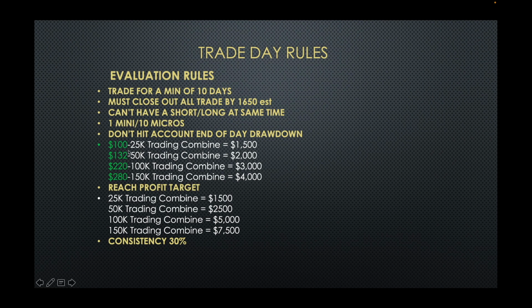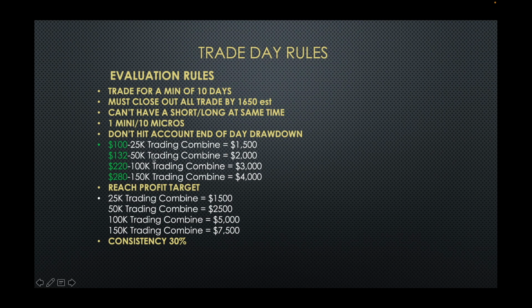But what I mean by the best ratio is for a 50K account, it's $2,000 drawdown and you only have to gain $2,500. Where with Apex, it was $2,500 and $3,000. So that 50K was similar to Apex. Where it shines is if you move up to the 100K account, that $3,000, now you only have to reach 5,000 instead of 6.